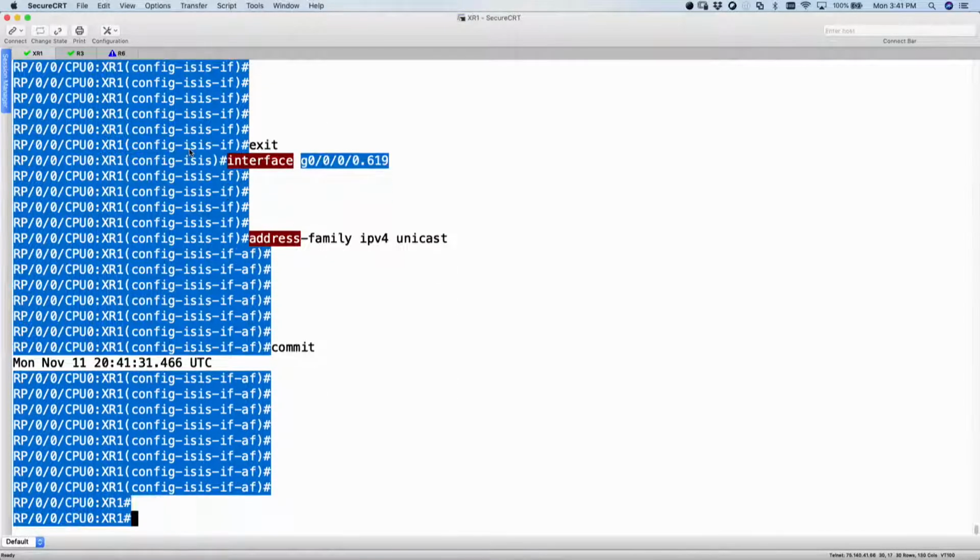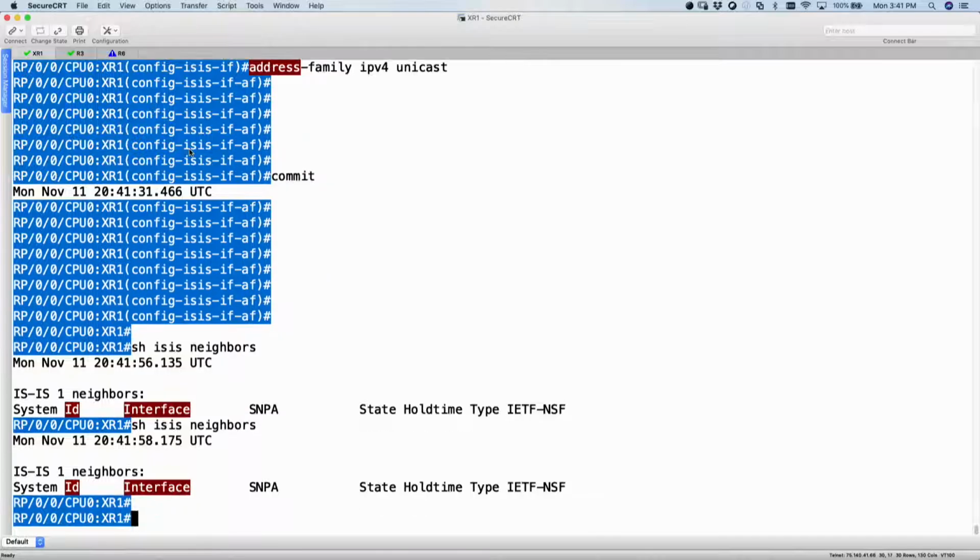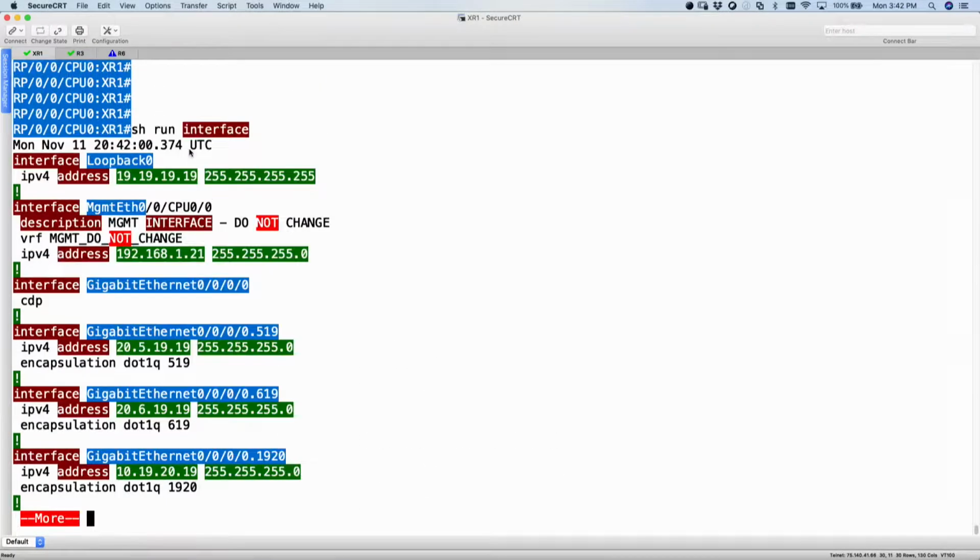So let's verify our neighborship. Show ISIS neighbors. I should establish a neighborship. Let's go and check my interface.